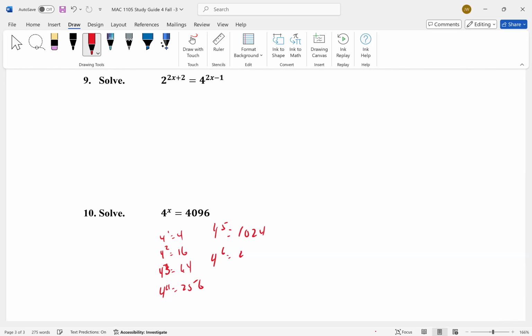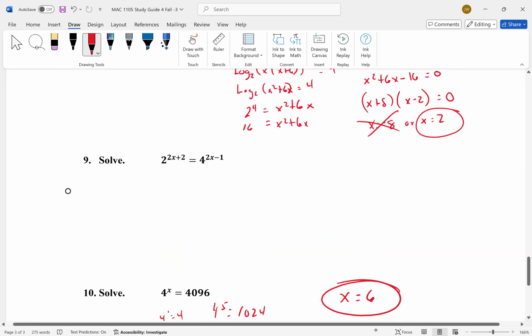And 4 to the sixth is 4096. So x equals 6. There you go.